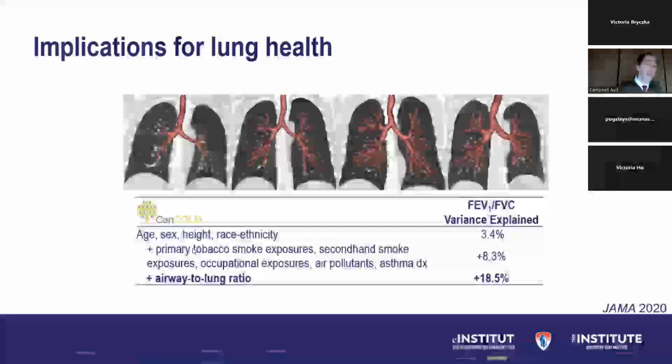To my surprise, adding cigarette smoking status, pipe and cigar smoking status, pack years, pipe years, cigar years, secondhand smoke exposures, occupational exposures, residential PM2.5, if we throw in the kitchen sink of traditional risk factors, we get an additional 8.3% of variation explained. And then if we add to that what we think of as an estimate of airway to lung mismatch, it explains by far the largest proportion of variance, above and beyond those factors initially considered. So this seems to be a pretty big risk factor.